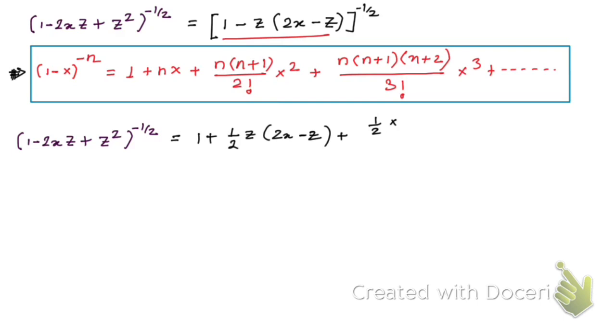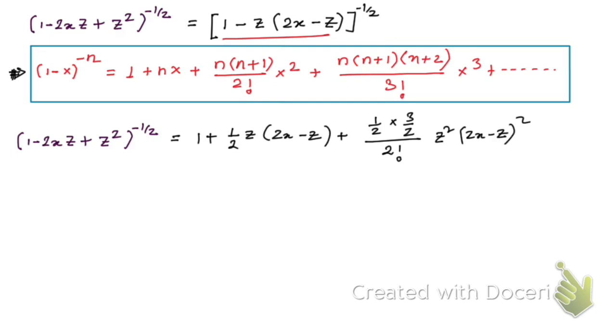Here you see, half into half plus 1, we're going to consider that way. So that's going to be half into 3 by 2, because half plus 1 is 3 by 2, divided by factorial 2, into, instead of x square, we're going to have z square into twice x minus z whole square. That's what we're going to have, right?